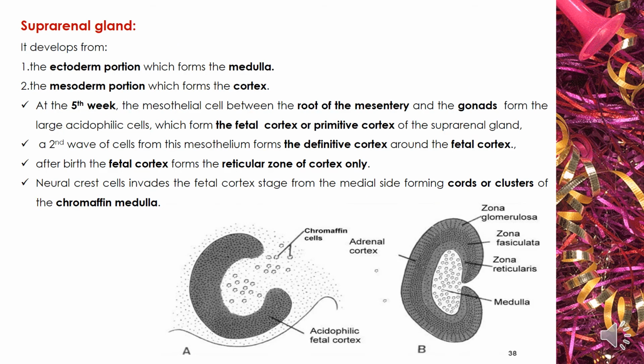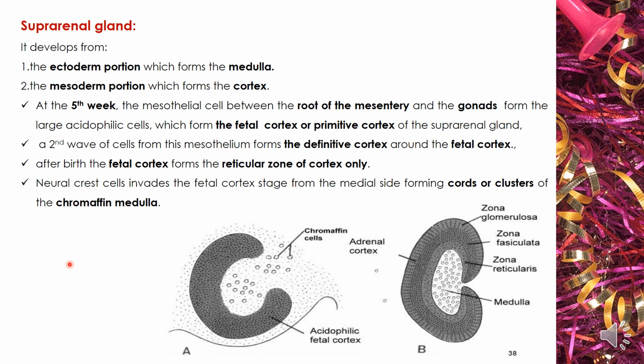Now, the suprarenal gland develops from ectodermal and mesodermal portions. The ectodermal portion forms the medulla of the suprarenal gland, and the mesodermal portion forms the cortex.